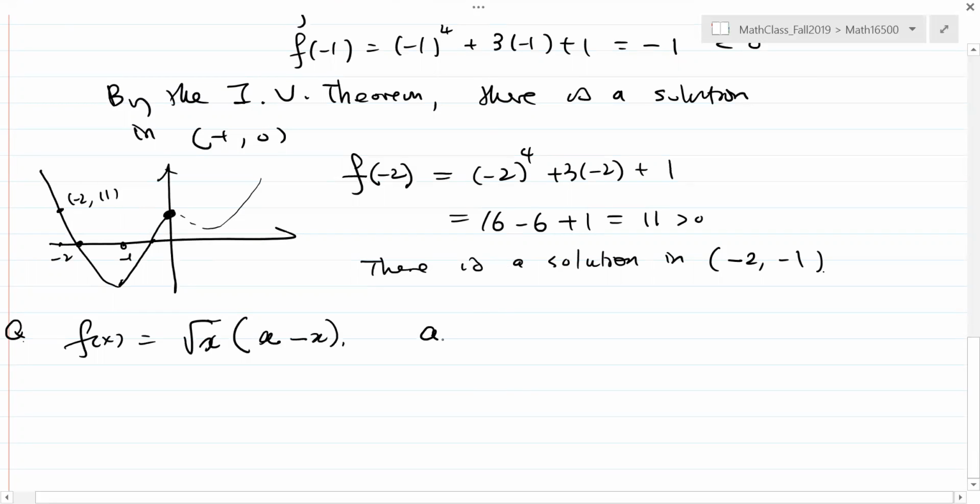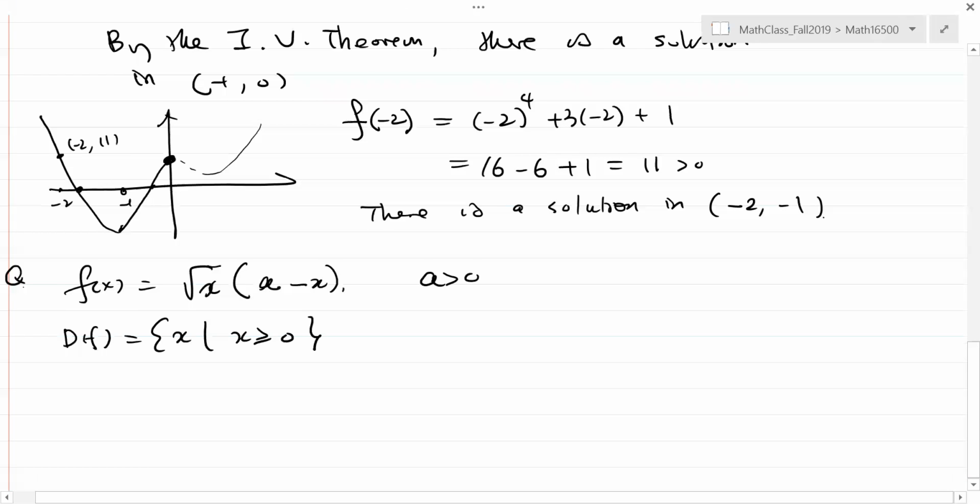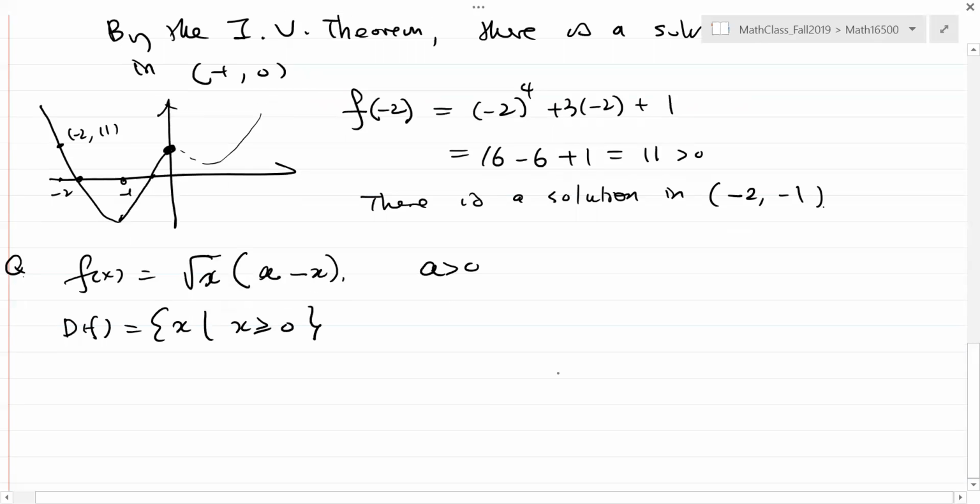A is a positive number. I can choose a specific number later on, because this is a typical function. First of all, the domain of this function is all x greater than or equal to 0, right? So the function only has a graph there.